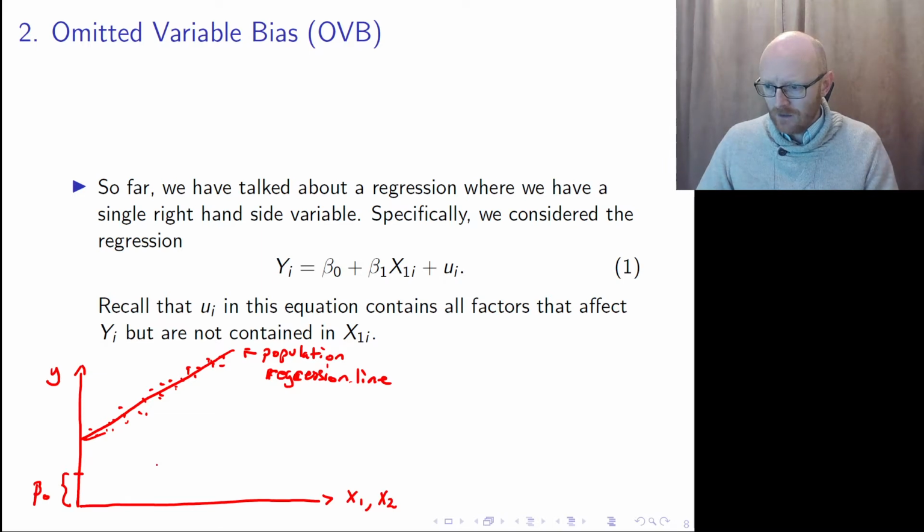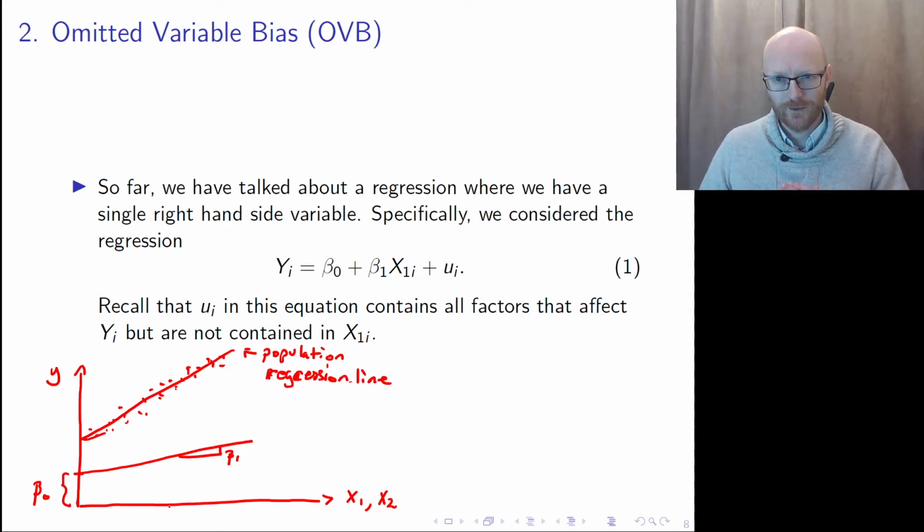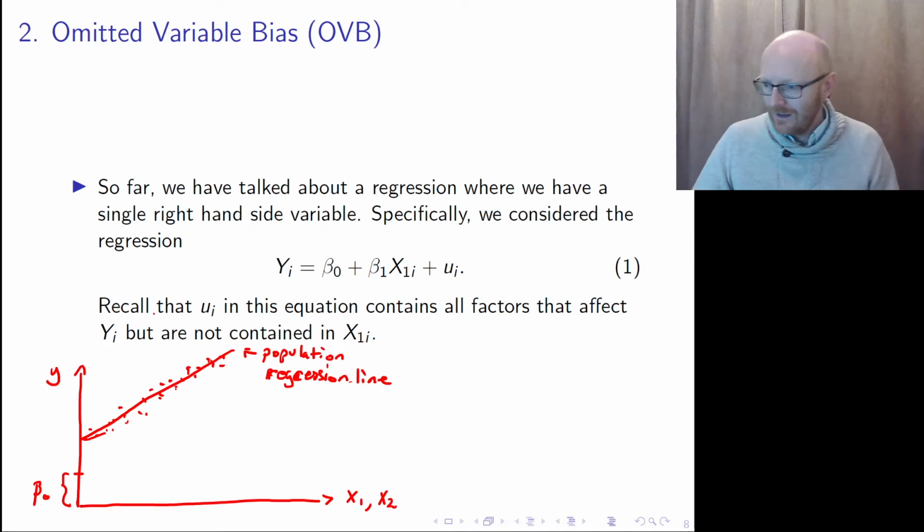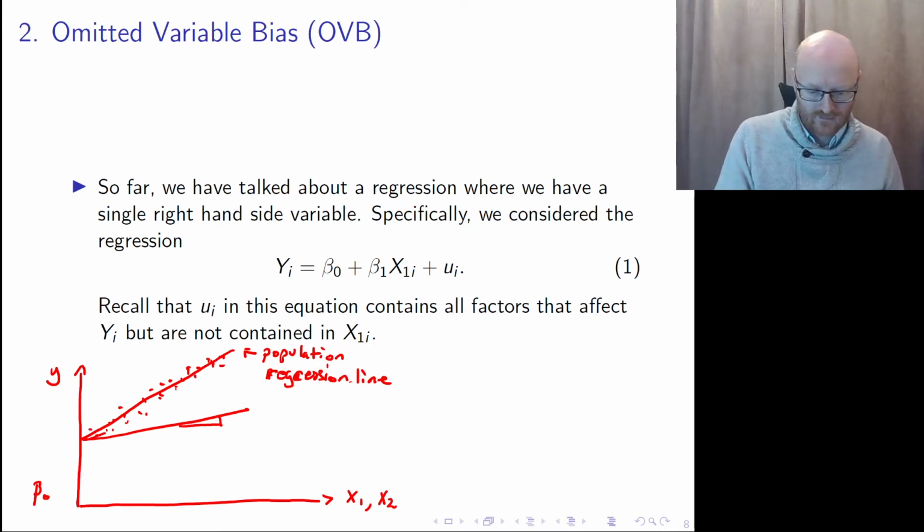So for example, we have that x1 has this effect on y, which means that this slope is the population slope beta 1, okay? The true slope.